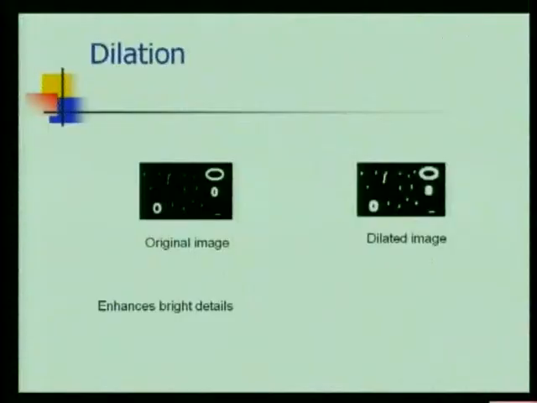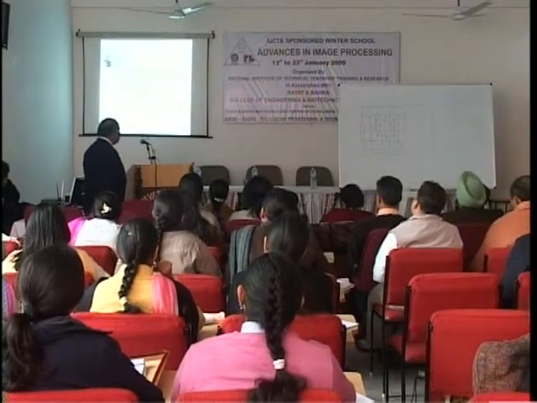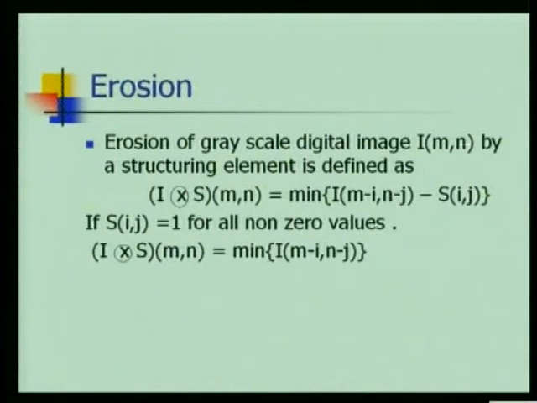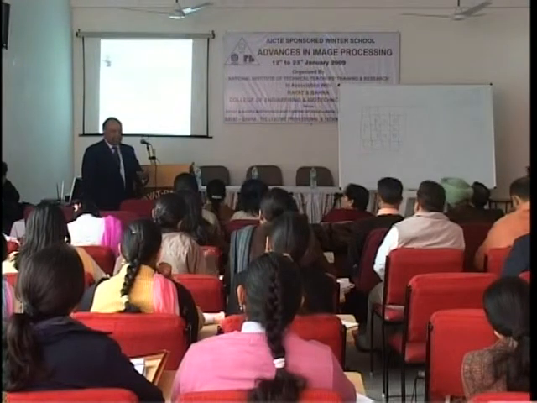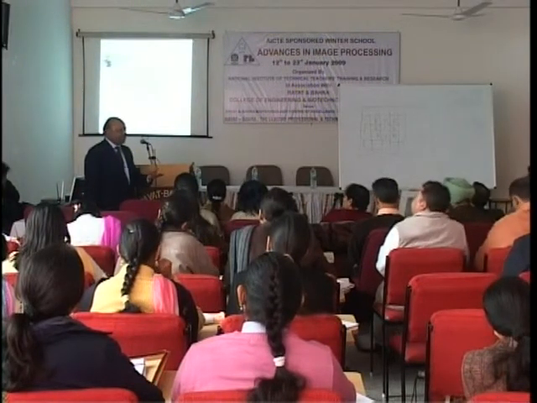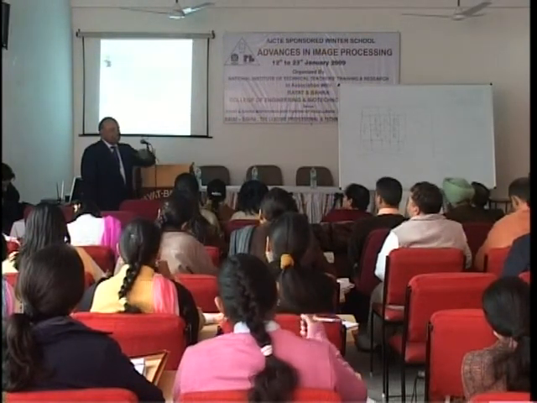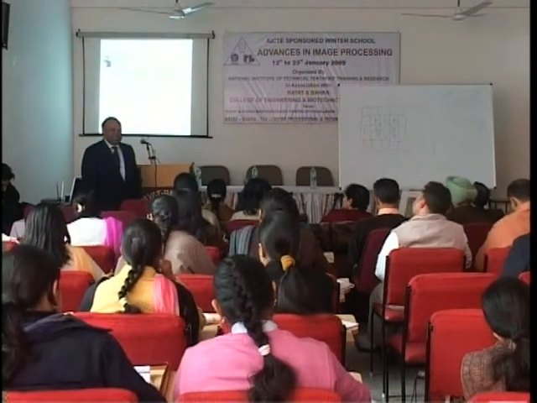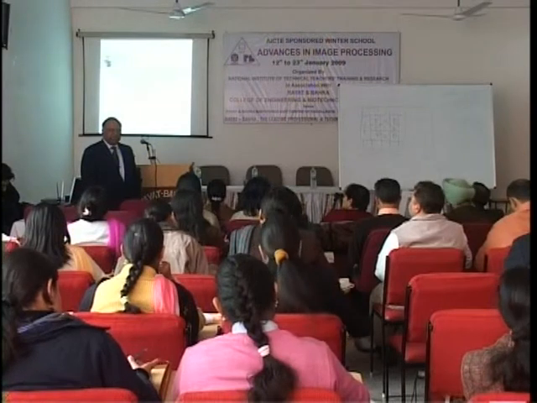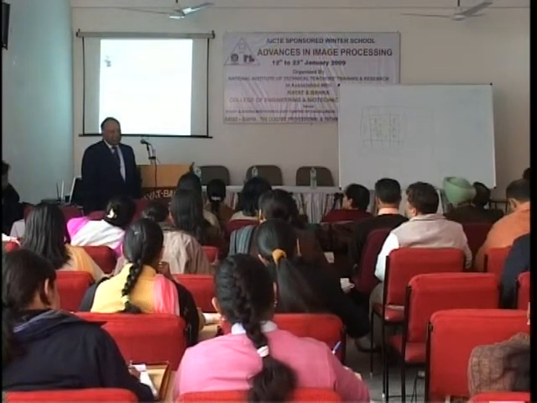Wherever white area was there, it has increased. So erosion is the reverse of this. I will not go into the detail. I understand that what was done with dilation, erosion is reverse of that. We can use the same structuring element for dilation as well as erosion.